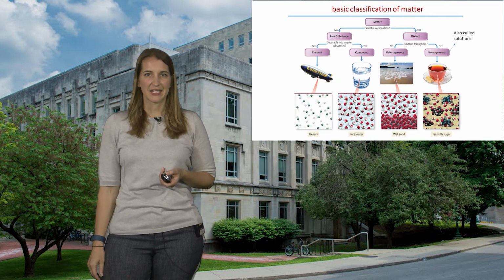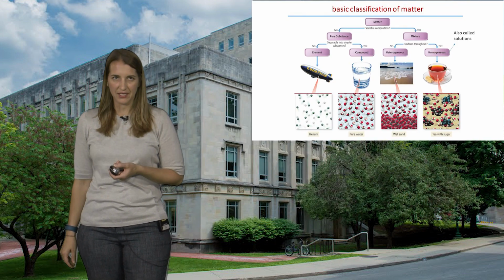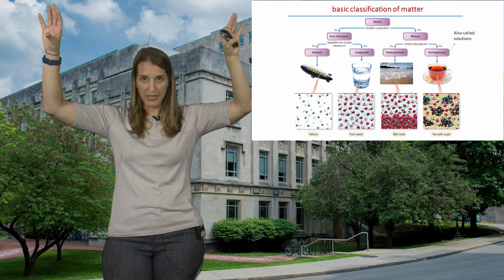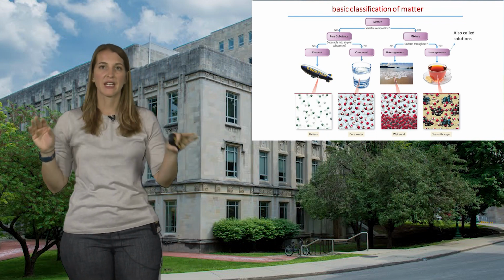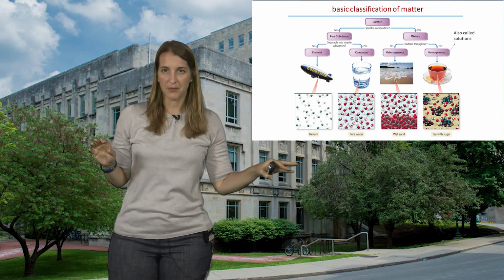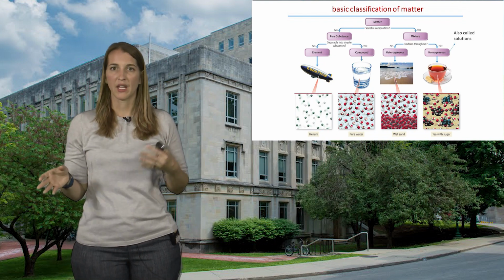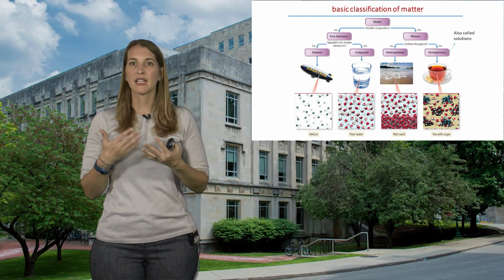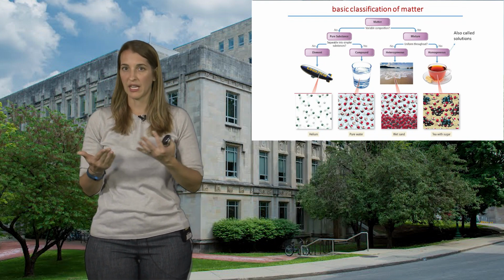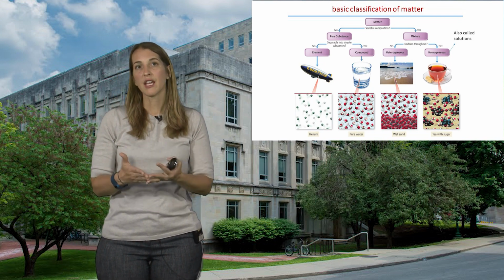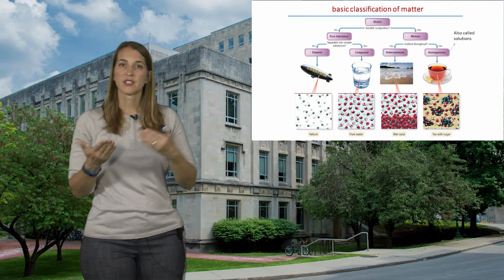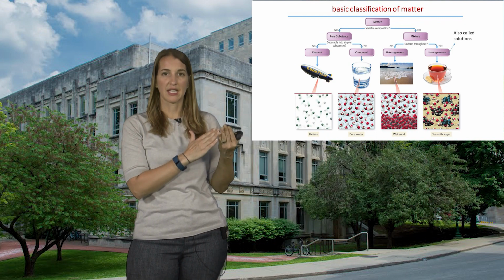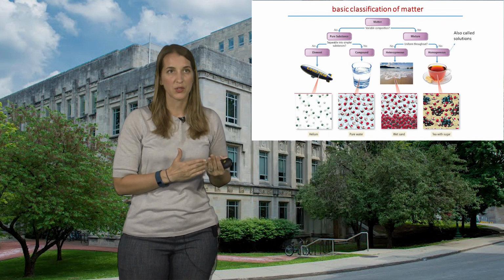All right, let's look at this image here. If you look carefully at this, you can see matter up at top, and matter can be divided into either a pure substance or a mixture. The way to see the difference is its composition variable. Can it change? If the answer is yes, you have a mixture. If it's no, it's always the same as it is, that would be a pure substance.